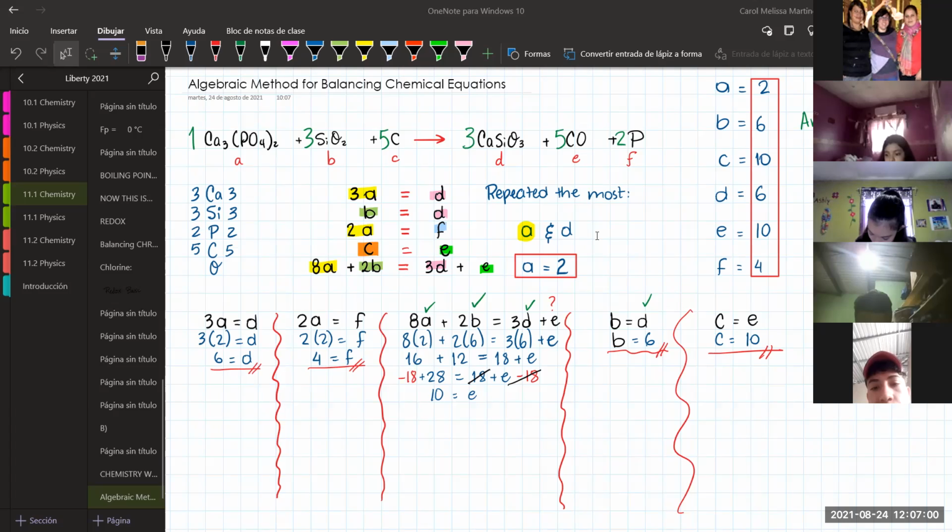I have oxygen, 8 plus 6, so I have 14. And in the products, I have 9 plus 5, that also makes 14. So with this, I can tell that my equation is balanced.